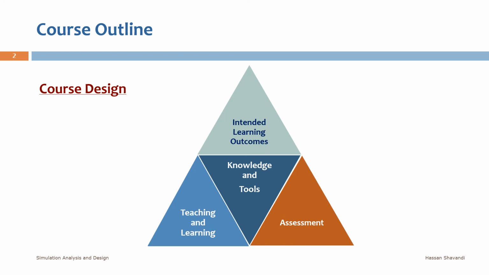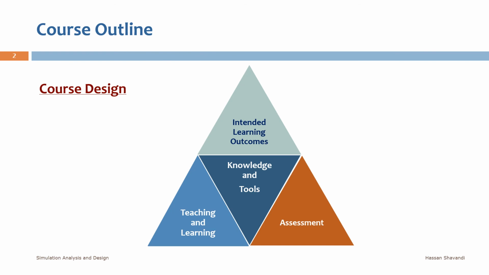For designing any course, we need to design and define these four elements. What are the intended learning outcomes for the course? And then in order to reach those intended learning outcomes, what kind of knowledge and tools we need to learn in the course?